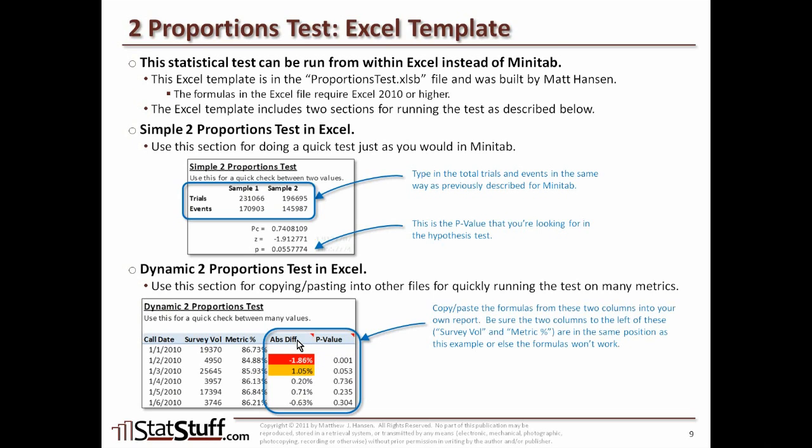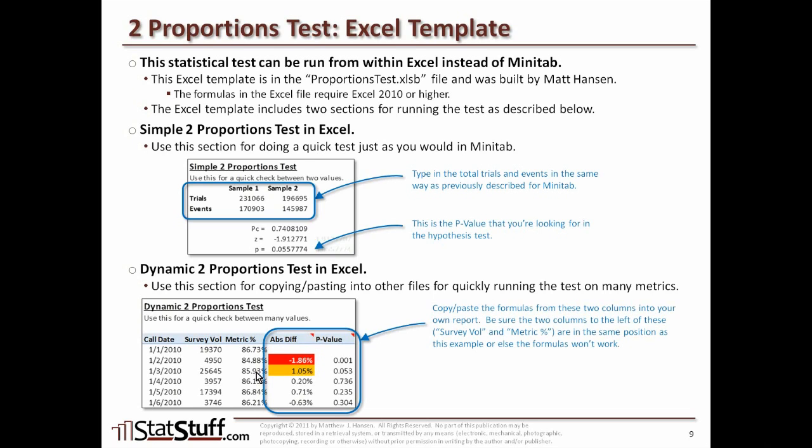The absolute difference column is merely a calculation of the absolute raw difference between one row and the row previous to it. So in this example, we've got 84.88%, subtract from that 86.73%, and the raw difference between these two rows is reflected here as a negative 1.86%.